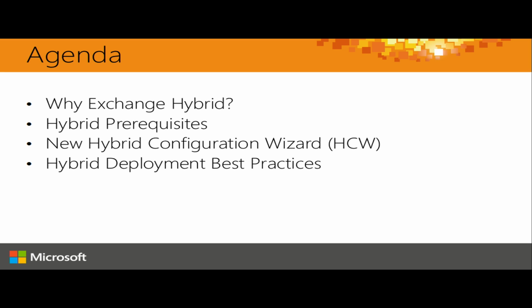I'll walk you through the process of setting up the hybrid deployment using this new wizard. I'll do a quick demo as well so that you can see the experience and how easy it is to set it up. And then to cap it off, we'll go through some lessons learned in the field. So we've got our deployment best practices and some things that you need to be aware of to make sure that you move to the cloud as smoothly as possible.